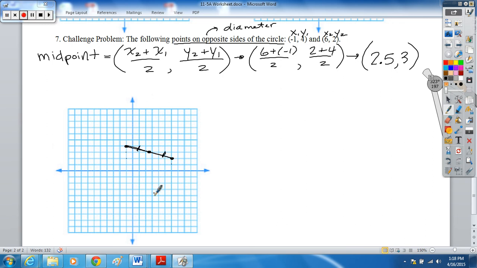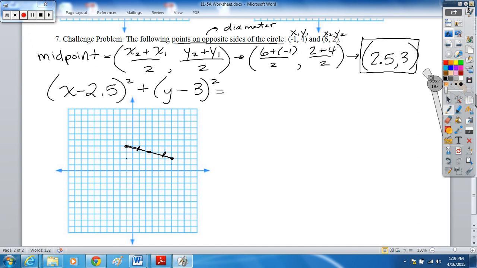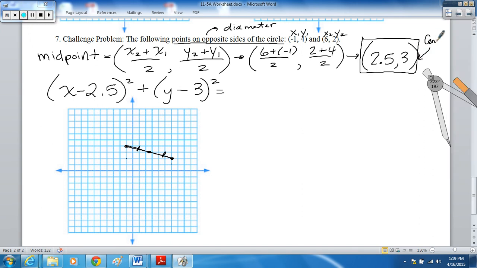Okay, so as of right now, we know our equation is going to be x minus 2.5 squared plus y minus 3 squared. We still have to figure out what the radius is going to be. Now the radius, we can actually go ahead and use the same formula that we did up above. You can use this point, the center. This is the center. And you can choose either one of these points here. It does not matter. I'm actually going to choose the first one because it's got a negative involved with it. Negatives usually make things a little bit more interesting.